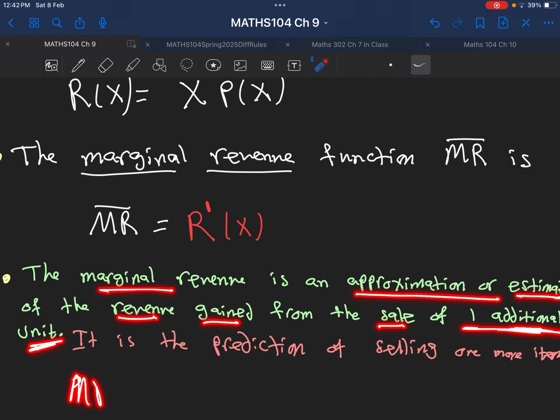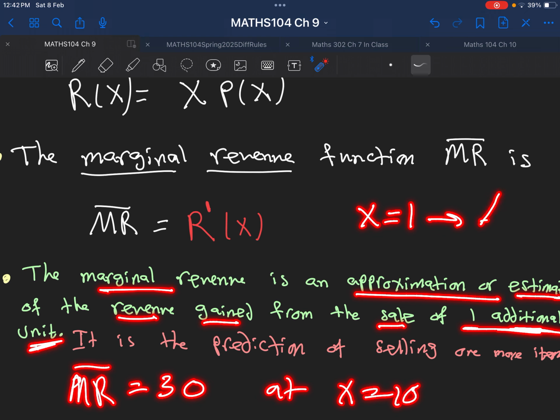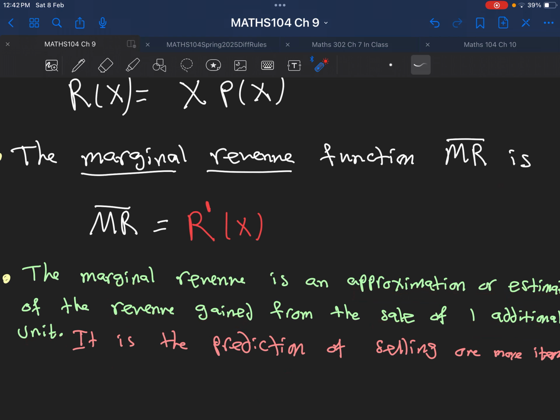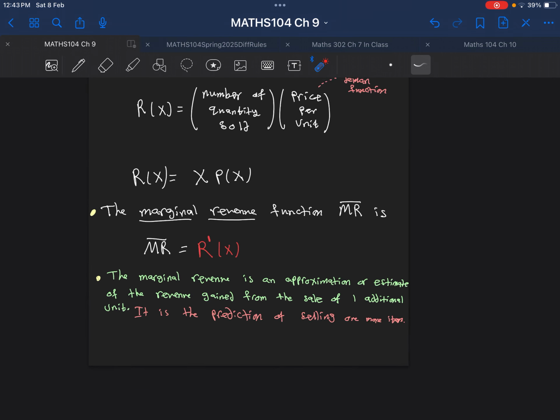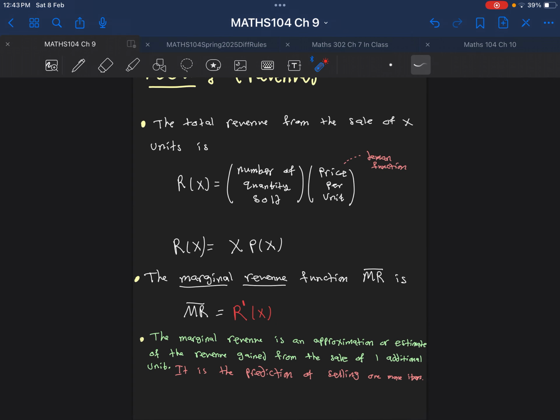For example, if the MR equals 30 at X equal to 10, I'm expecting that when I go to X equal to 11, my revenue will go up by $30. So it is a kind of prediction, an estimation of what will happen if we sell one more item: how the revenue will go up and how much it will go up, or if the revenue will go down, if it's negative, and how much it goes down.